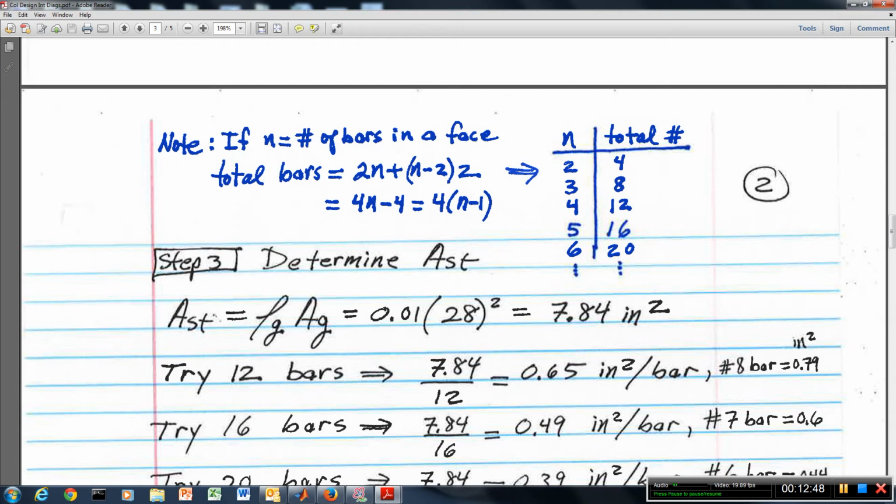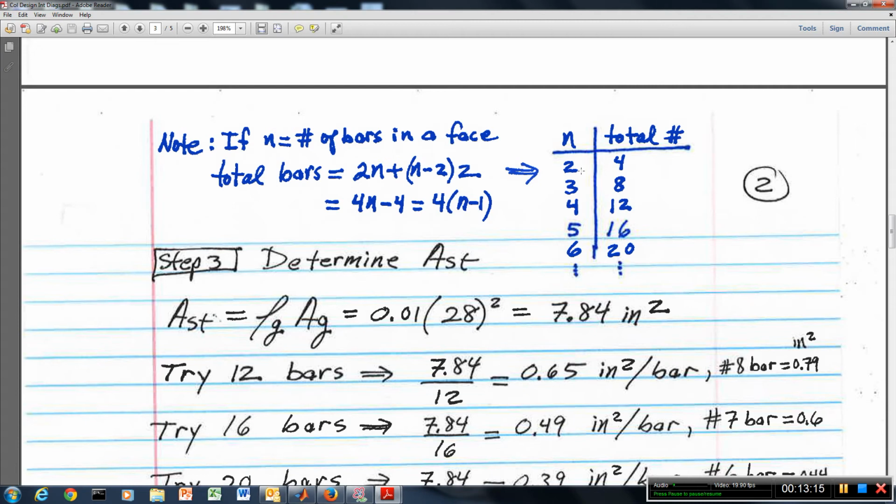If we have 2 bars in each face, the total is 4. If we have 3 in each face, the total is actually 8, and so on. You can see the relationship in this table, and it is found by this formula: the total number of bars is equal to 4 times n minus 1. That's a simple formula that may be helpful to you from time to time.